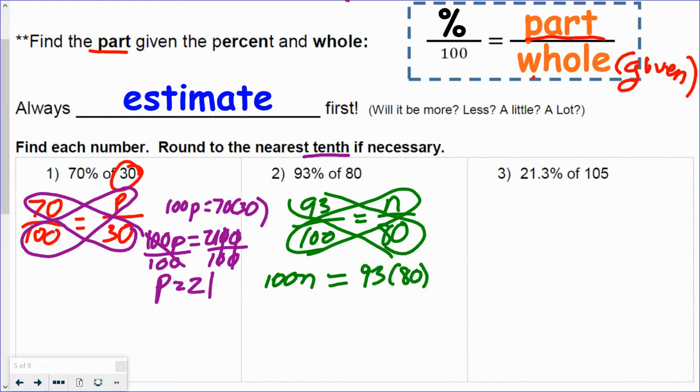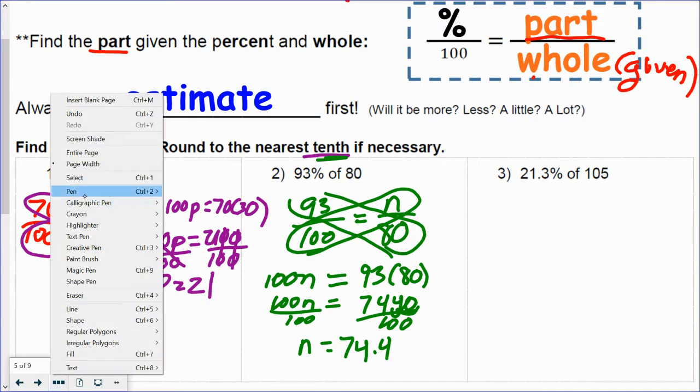The product of those two numbers is 7,440. Then we divide by 100, which means I'm just moving my decimal over twice. So 74 and 4/10. I don't need to put the 0, plus we're rounding to our nearest tenth. And then I'm done.